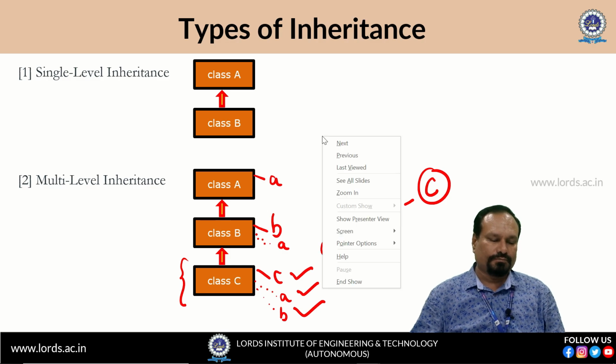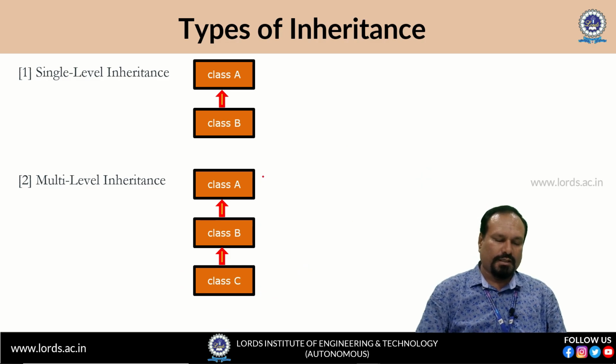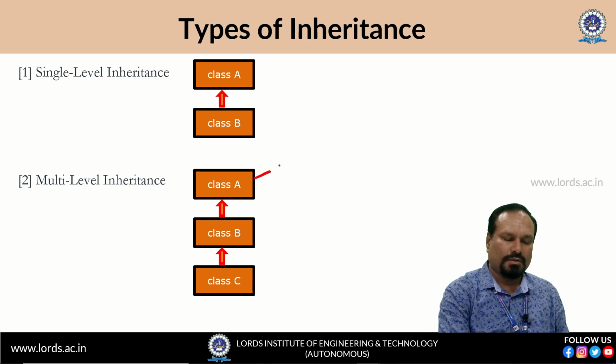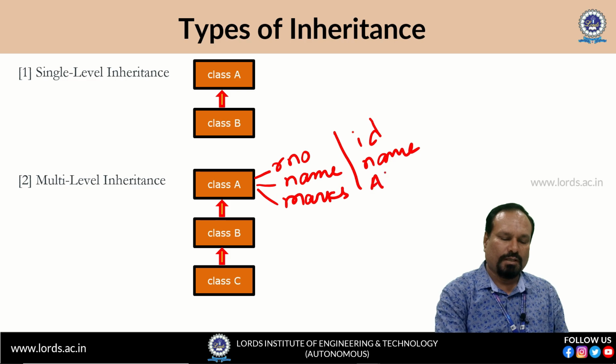One more thing. Let us say I have, for example, roll number here, a name here and my marks, or my employee ID, my name and my account balance.